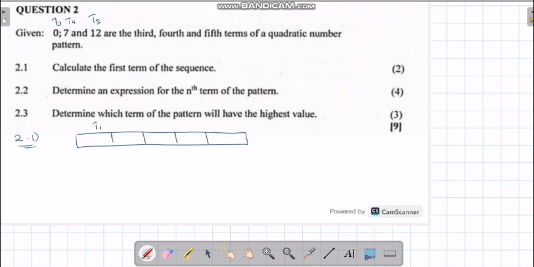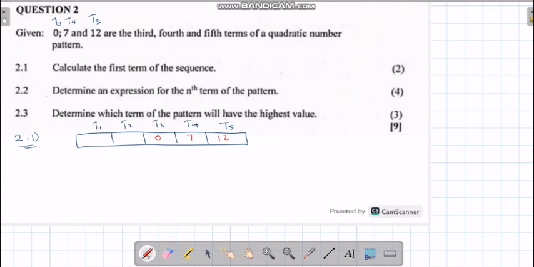So term number 1, 2, 3, 4, 5. So we are given from term number 3, 7, and it's 12. Okay, so now they're saying what? Calculate the first term of the sequence.